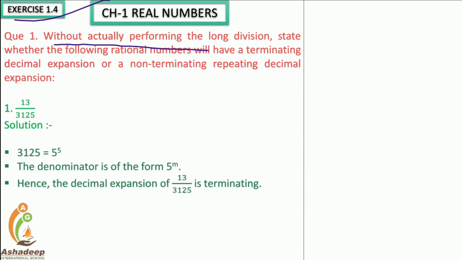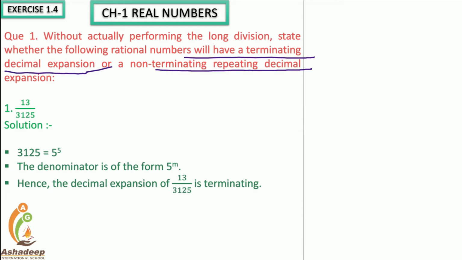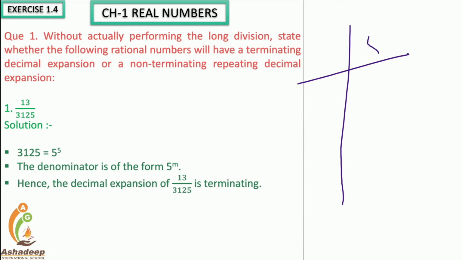Without actually performing the long division, state whether the following rational numbers will have a terminating decimal expansion or a non-terminating repeating decimal expansion. For that, we need to find the prime factors of the denominator, 3125.